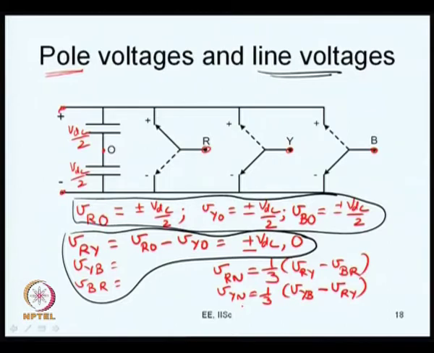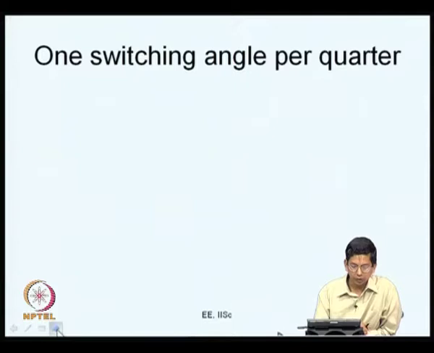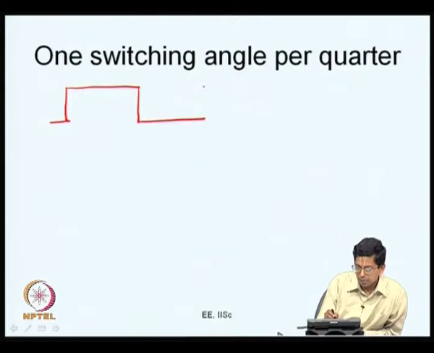So, these are the various voltages, we just needed to define them, and we have been able to define the pole voltages, line to line voltages and line to neutral voltages applied on the load now. With this, let us move on to see how we can control the fundamental voltage now. Firstly, let us take a square wave.